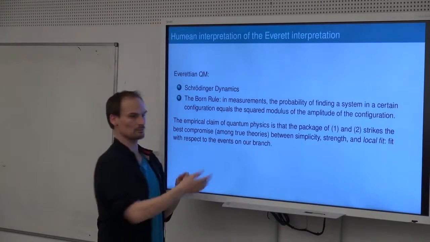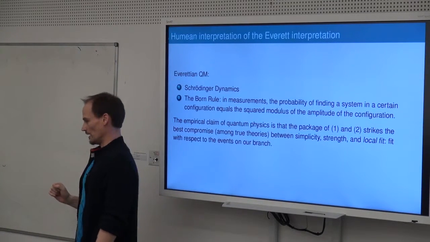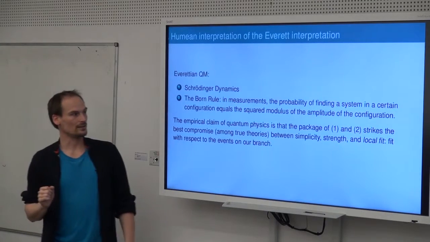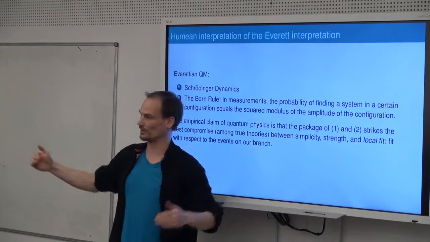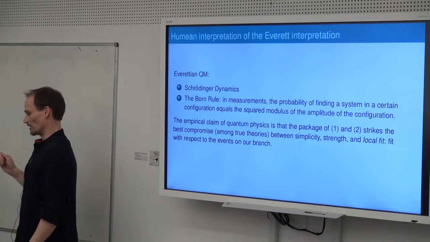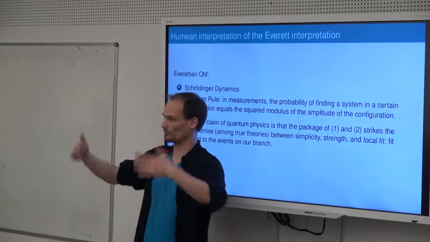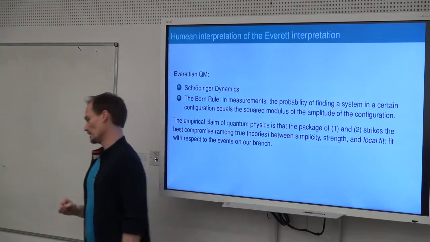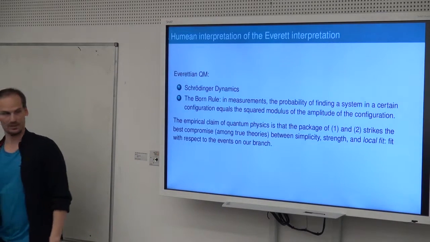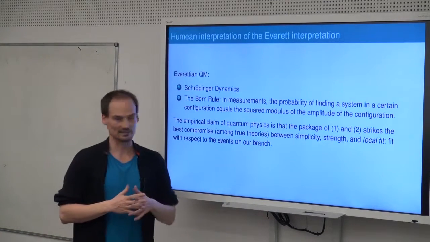And the probabilities in Everettian quantum mechanics have close probabilistic fit with our branch. Not with the whole thing, but with our branch. And if you think about it, if you want to predict what happens on our branch, you have to use probabilities. There's no deterministic way of predicting what happens, let's say, in the past of our branch. Probabilities are really useful in systematizing what goes on here. So that's the basic idea I want to put forward. Seems like something one could try out.